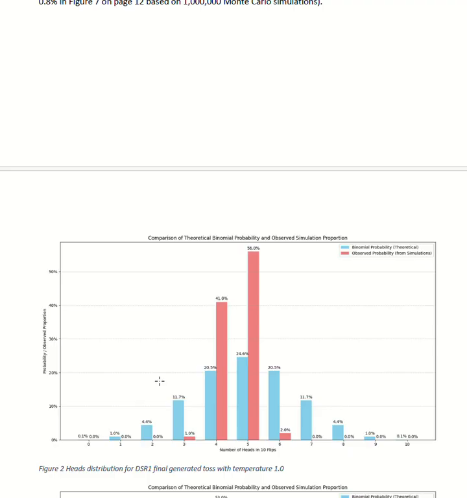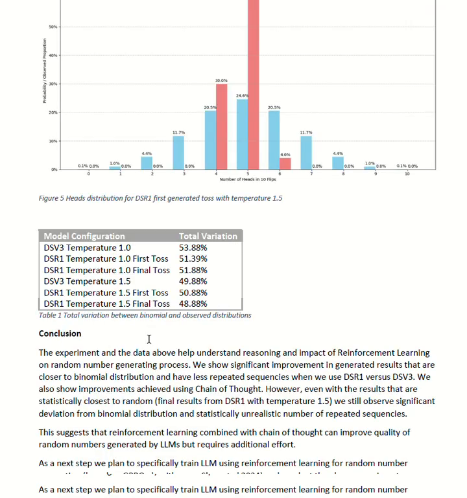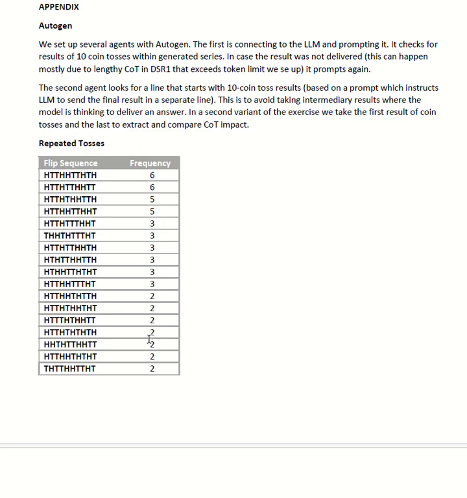The second thing that I look at is specific sequences generated by these models, and what I notice is that they have an unusual number of repeats. So basically, not only do they very often have 5 heads and 5 tails, they very often have actually the same sequences repeated a number of times.